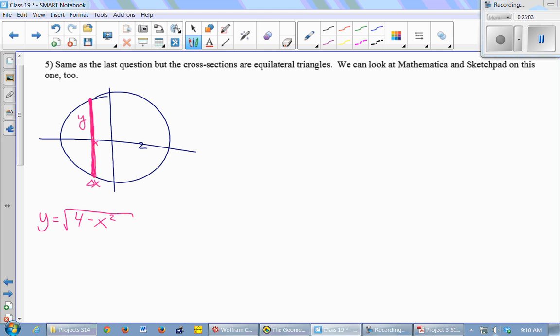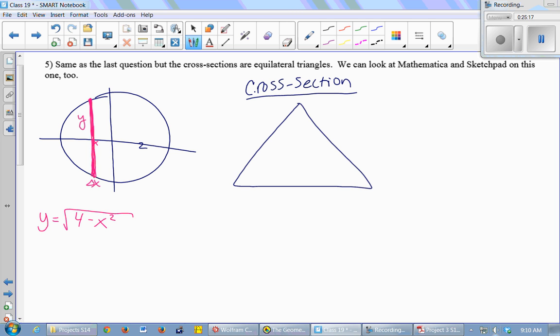Because it's the same base, we get the same size of the rectangle. But then my cross sections are different. My cross section is now an equilateral triangle. And this base is on that chord.